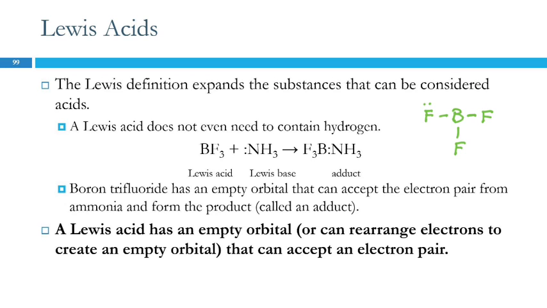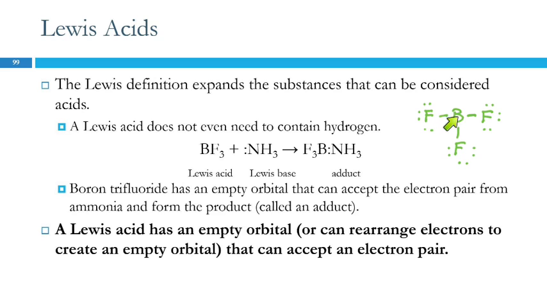If you draw the Lewis structure of that, you could put a double bond in there and make it have an octet, but then the formal charges are all off. So here, boron only has 6 electrons instead of 8.